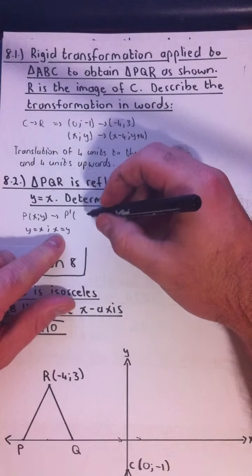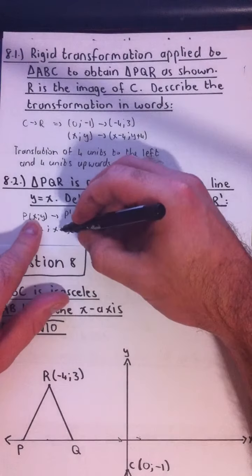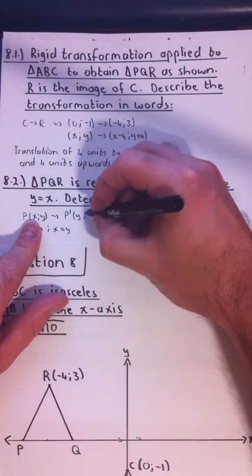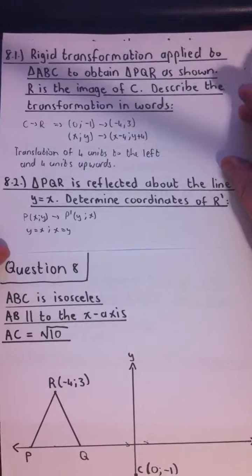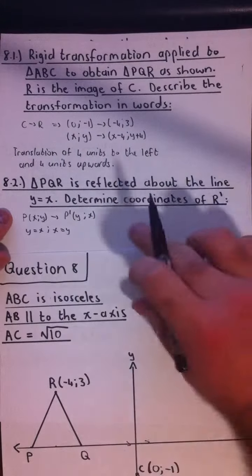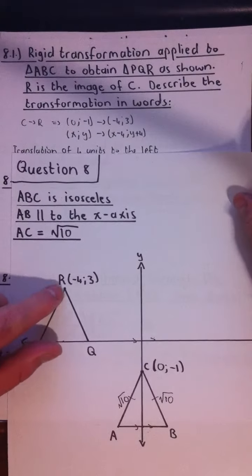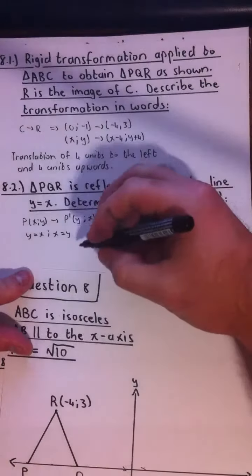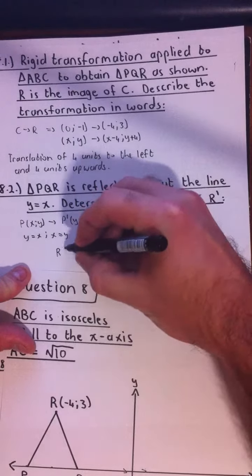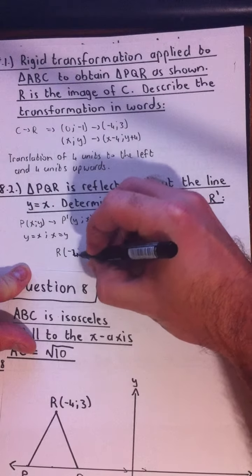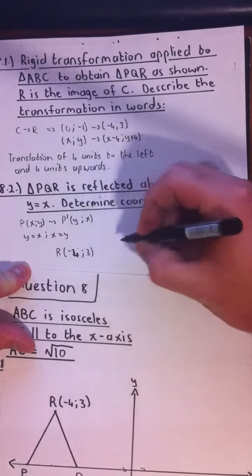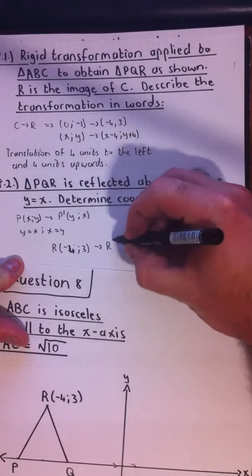So what our x was, our x would now be a y, and our y would now be an x. Now let's apply this simple logic to our original R value. We had R is negative 4 and 3. Now what would R prime become?